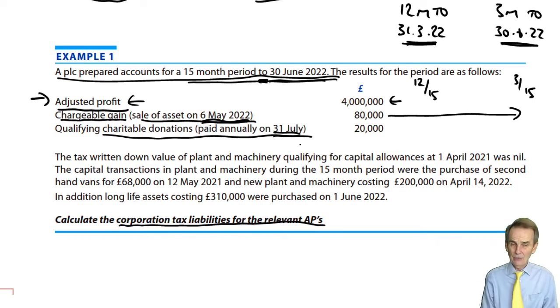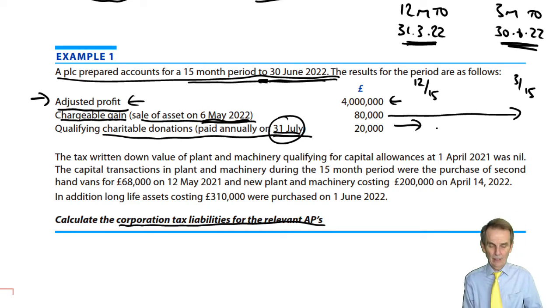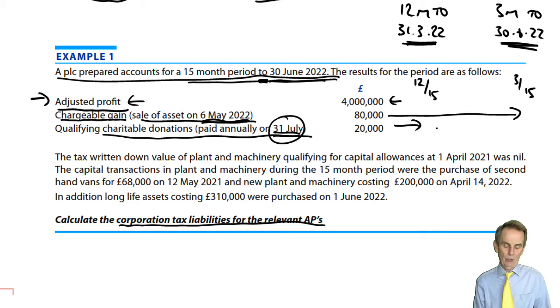Well, in the 15 months from the 1st of April 21 to the 30th of June 22, there's only one 31st of July, and that will be the 31st of July 21, and that falls in that first period. So that deduction, the 20,000, the qualifying charitable donation, will be deducted in deriving your TTP in the 12-month period. That's where it will be deducted.